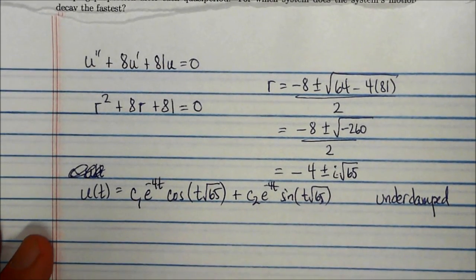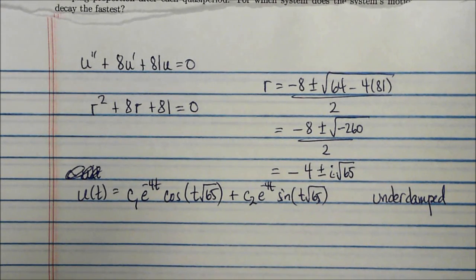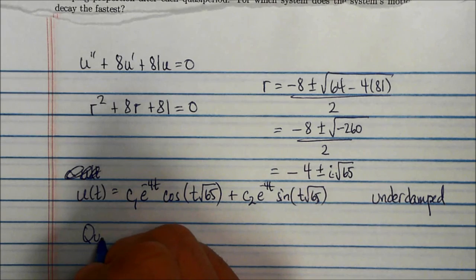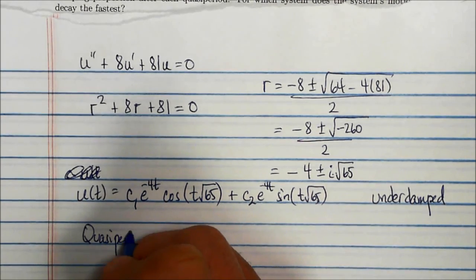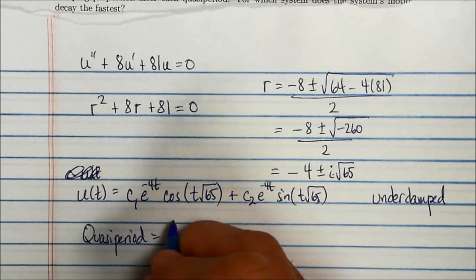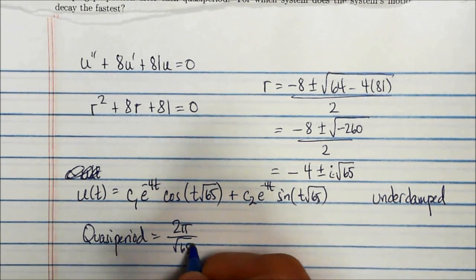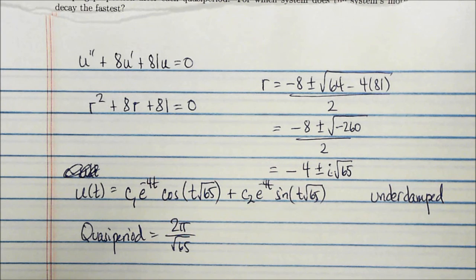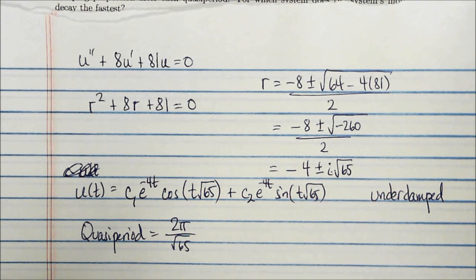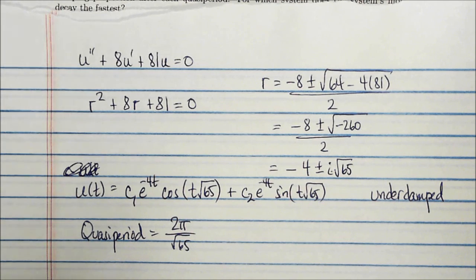Now, if it's underdamped, there is a quasi-period. So the length of the quasi-period is going to be 2 pi over the number that's multiplying the t there, so 2 pi over the square root of 65. And so that's the length of the quasi-period. Now, what does a quasi-period mean?